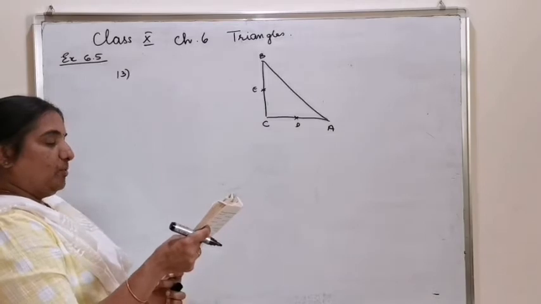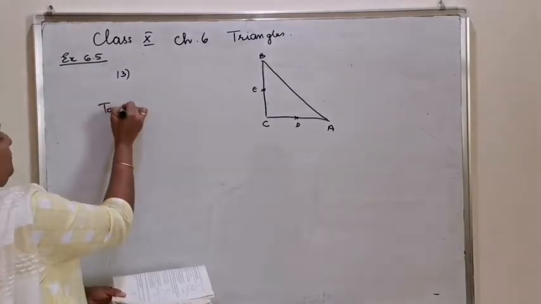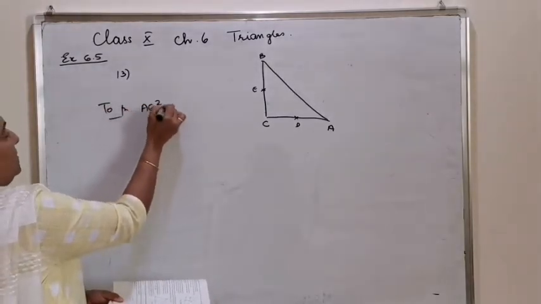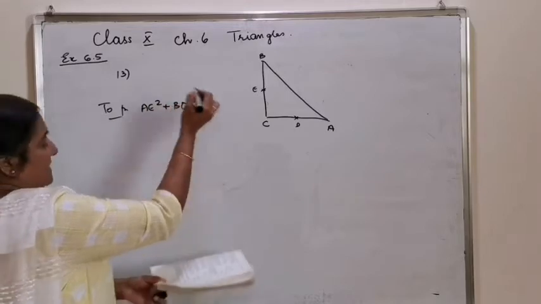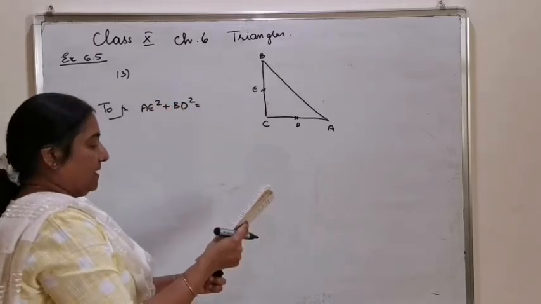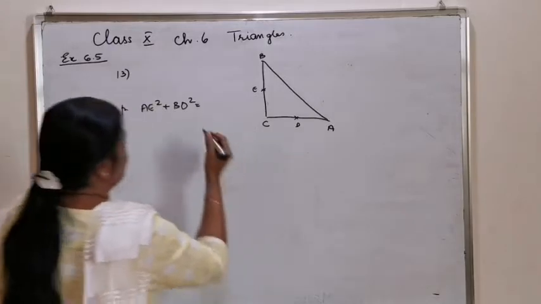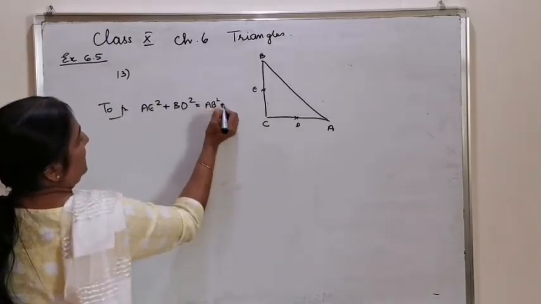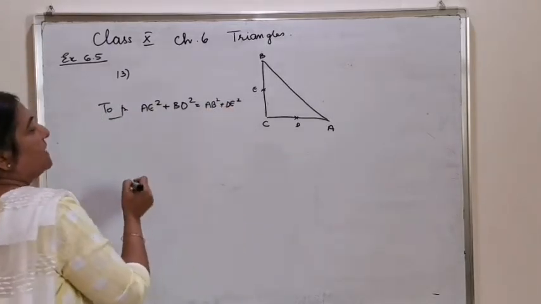What is to prove is AE square plus BD square is the same as AB square plus DE square.